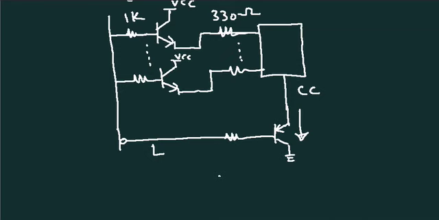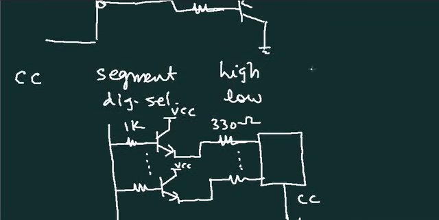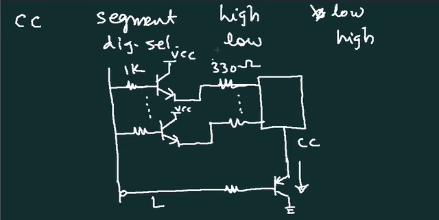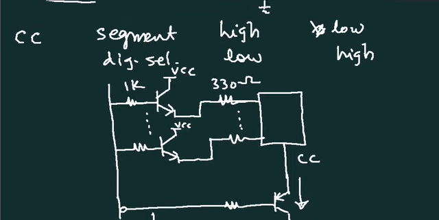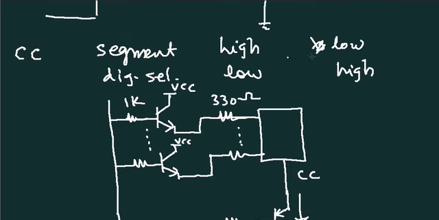In the last case the segment will be low and digit selection will be high, and the high case we are not going to consider. So, under this situation, what is expected? We will not draw the circuit, we will simply consider segment is low. The circuit diagram will be very similar to, let me create one.